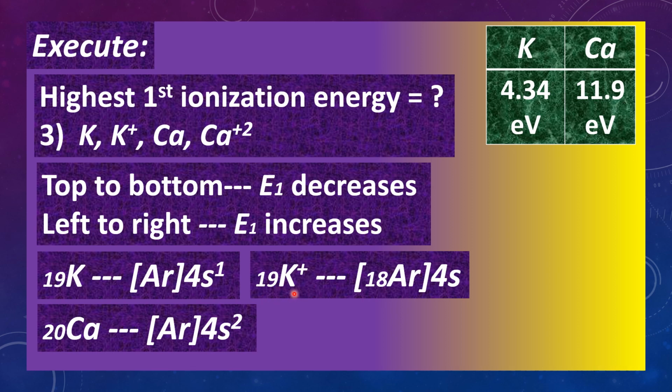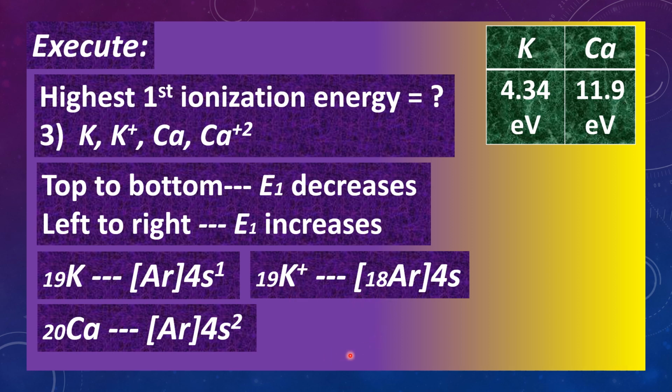There are 19 protons, but only 18 electrons. So we say that it is one electron deficient. That's how we describe the atomic structure of an ion, such as a potassium positive 1 ion.